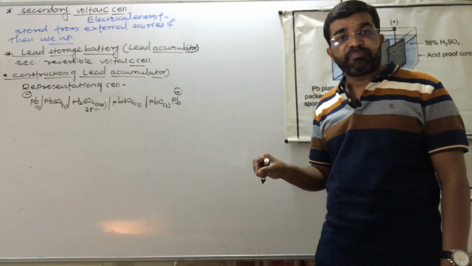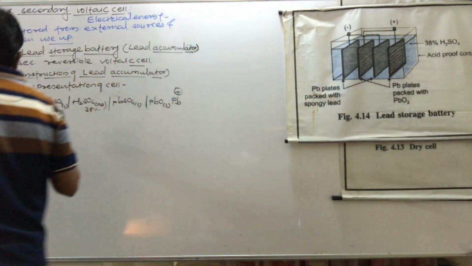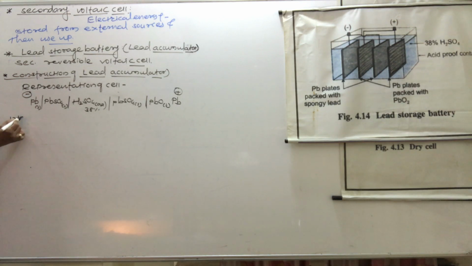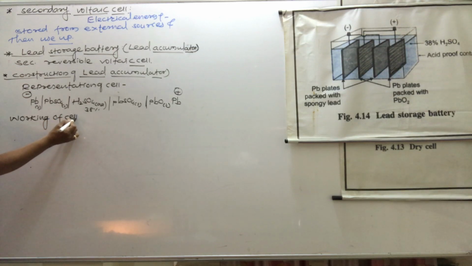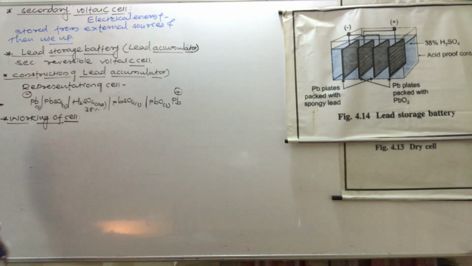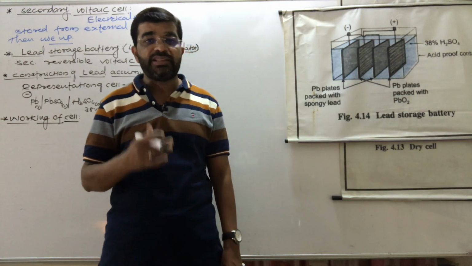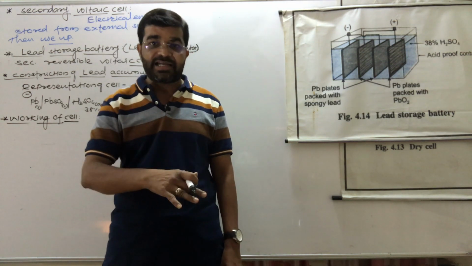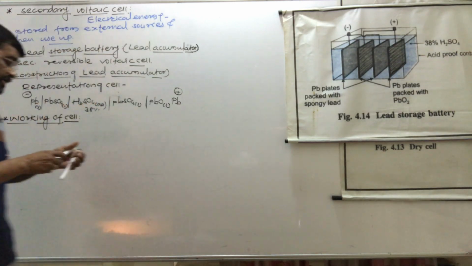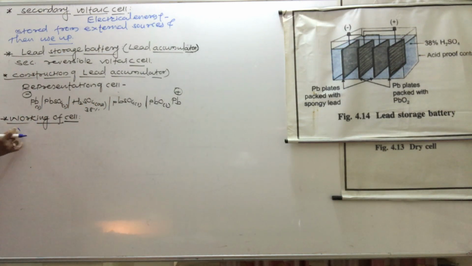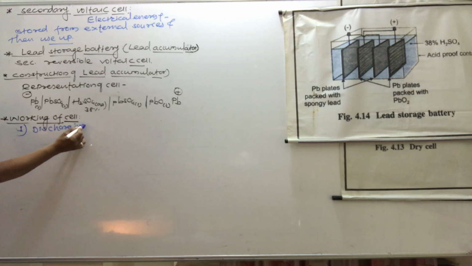Now we have to study the working of the lead storage battery, the working of this cell. How does it work? As we know, the cell is reversible, therefore two types of working are there. Reactions take place in this cell during discharging, and then we will study charging. First, discharging.